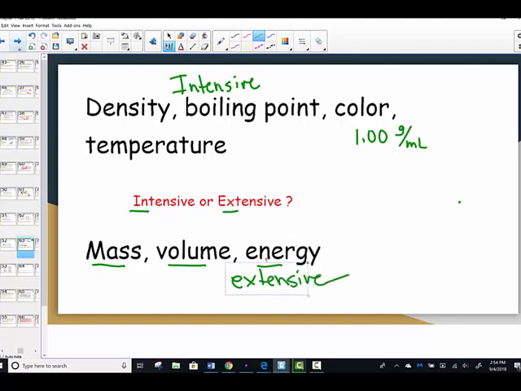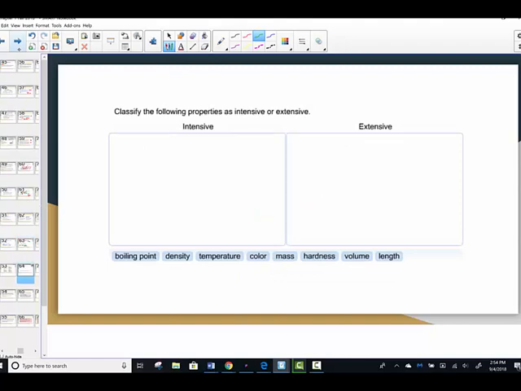So here, let's try some examples from our homework. We defined intensive as independent of the amount of quantity you have, and extensive does depend upon the amount of sample you have. The boiling point is a constant number. The ratio of mass to volume is called density. It is an independent number.